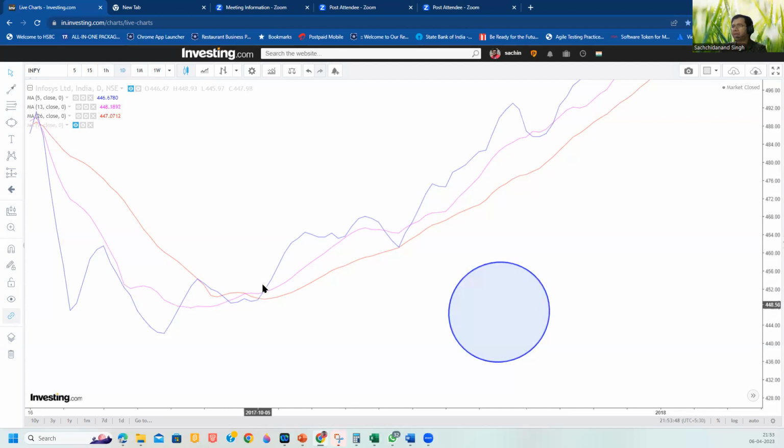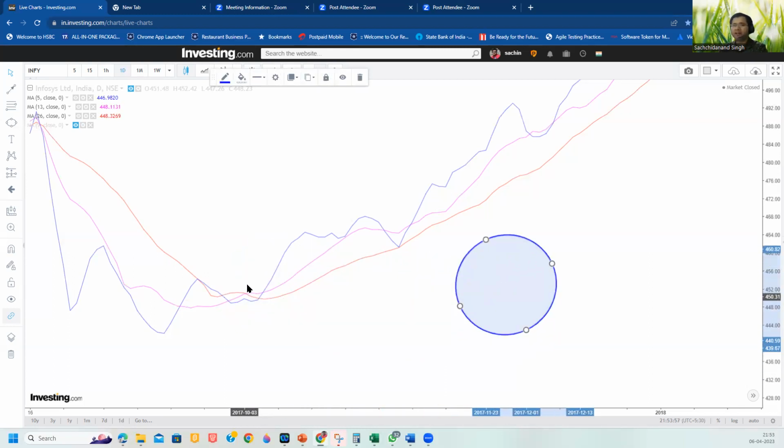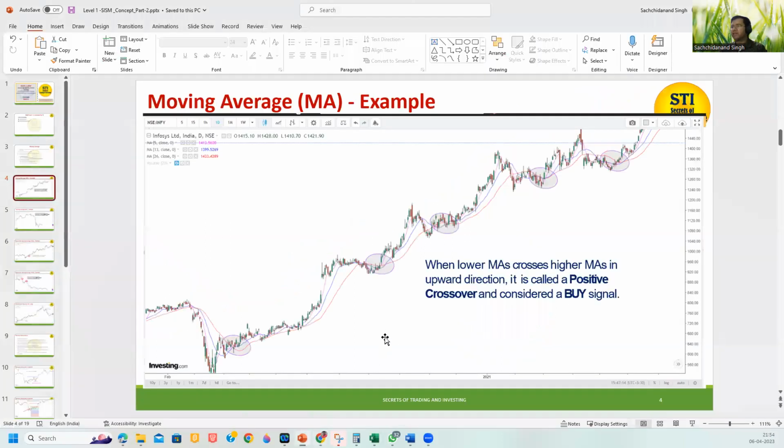Whenever this kind of situation happens on the chart, it is called a positive crossover or upward crossover. That is what we were discussing here. When the lower moving average crosses the higher moving average in an upward direction, it is called a positive crossover and is considered a buy signal. So one of the buy signals is based on the moving average.